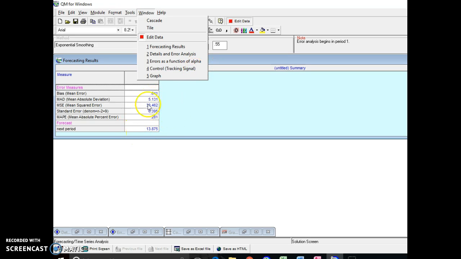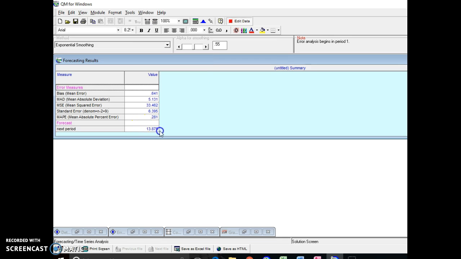Here we're seeing actually the 0.5 alpha really does mirror the 3-period moving average. There's a mean absolute deviation at 5. Our next forecast at almost, I think the 3-period moving average was 14. But there's our data.